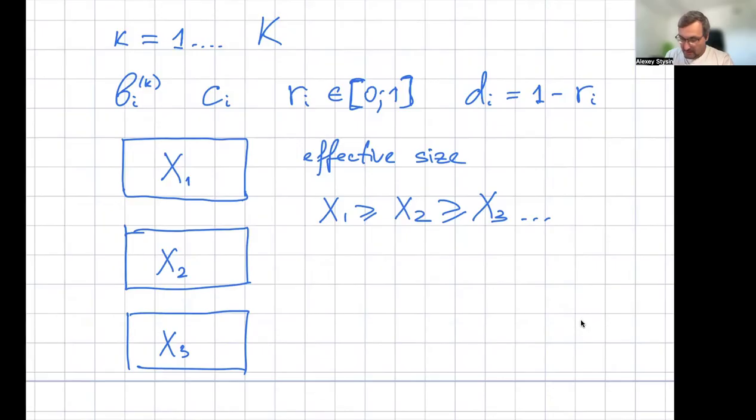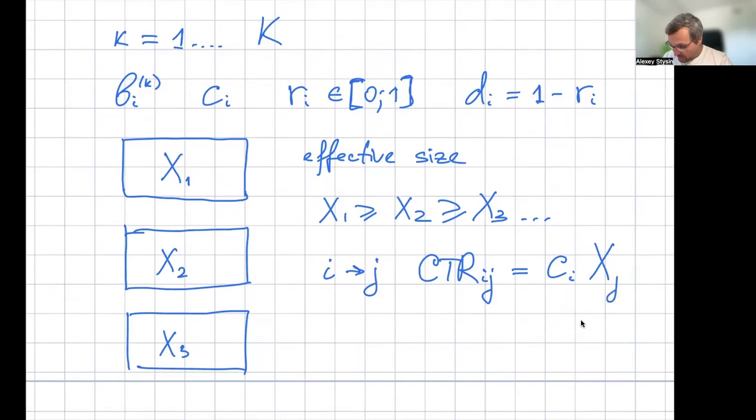If we decide to place the ith ad into the jth slot, the click-through rate of the ith ad in the jth slot is going to be given simply by multiplying the click-through rate of the ith candidate by the effective size of the slot.